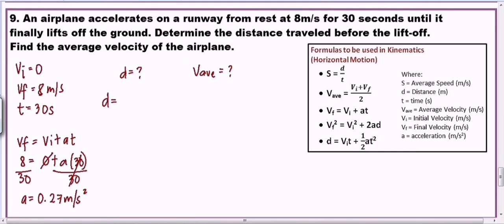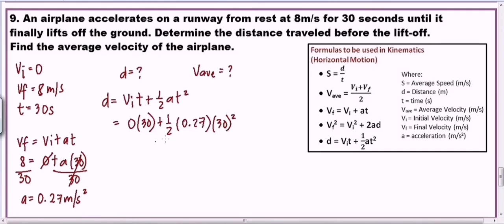So ang gamitin na lang natin is this one, kasi madali, nasa kaliwa na siya. So VIT plus 1/2 AT squared. So VI is 0 times time 30 plus 1/2 times A, which is 0.27, yun nakuha natin, times time na 30 and then squared. Okay, so wala na to, multiplied by 0, 0 na yan.